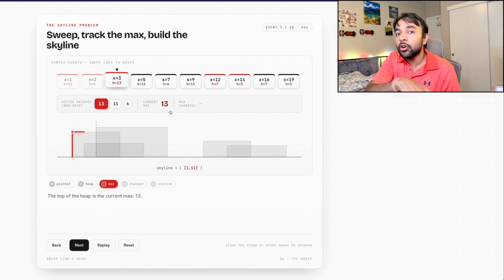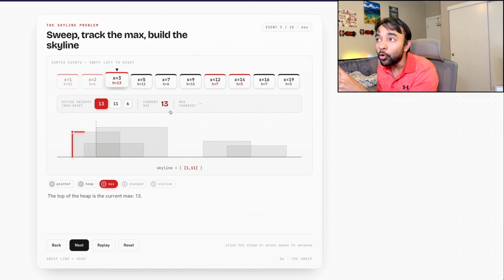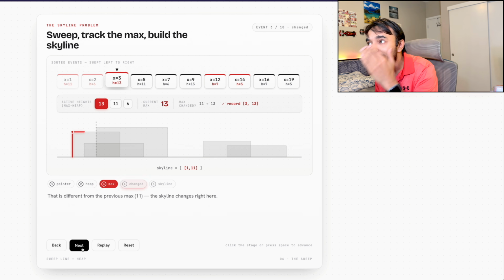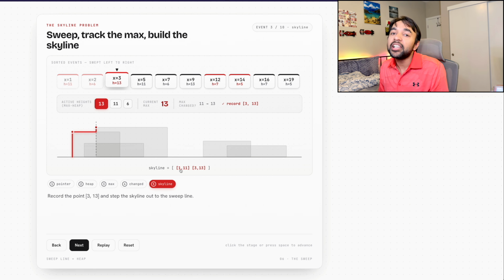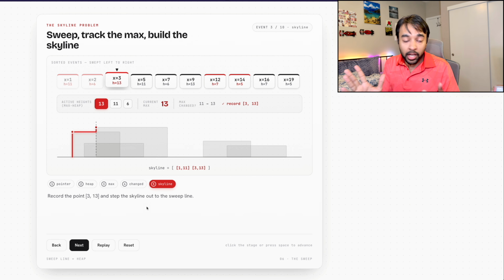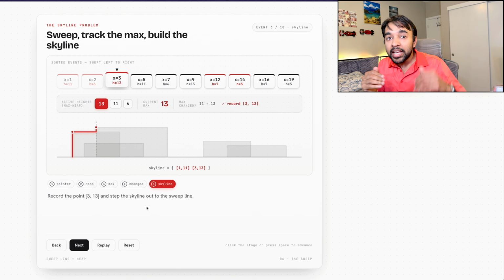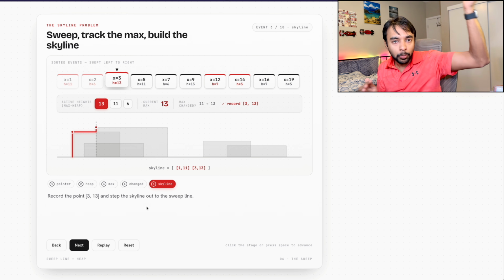And when you add or remove an element, you need to perform the heapify operation, which will run in just log n time. So over here, the max changed. Since max changed, you need to record this point now, and you're gonna update your skyline. So you see in your skyline, now you have 1,11 and 3,13. So far, so good. Every event that we got is just of adding a new building.